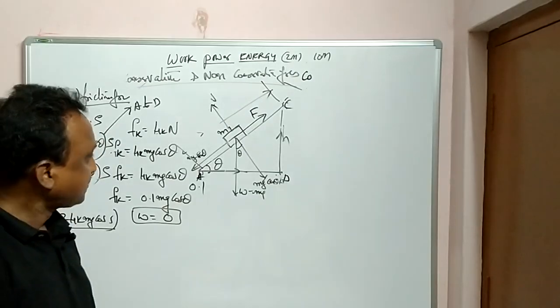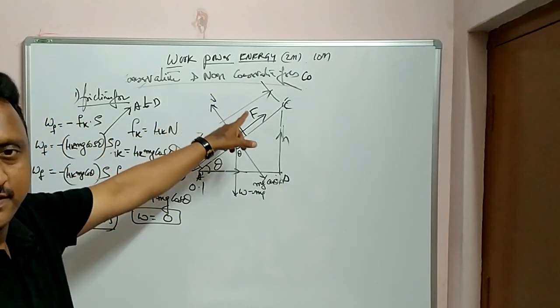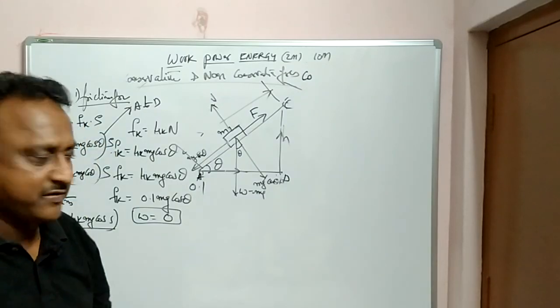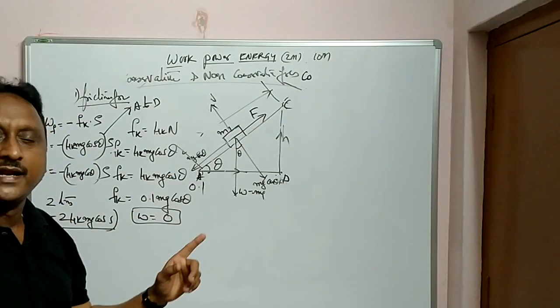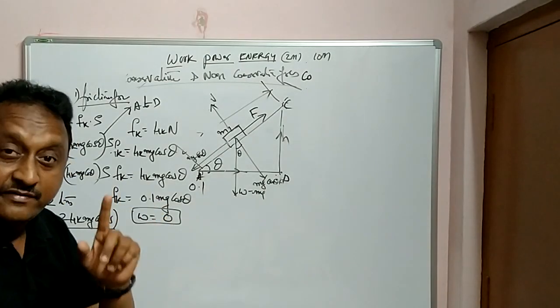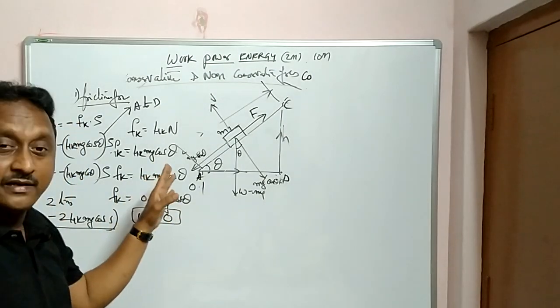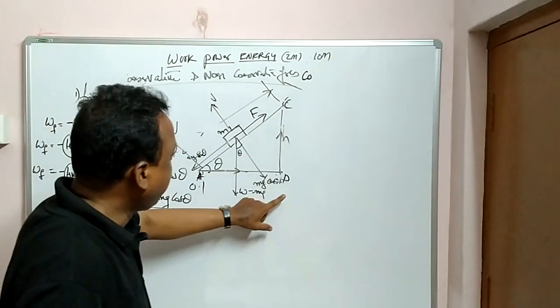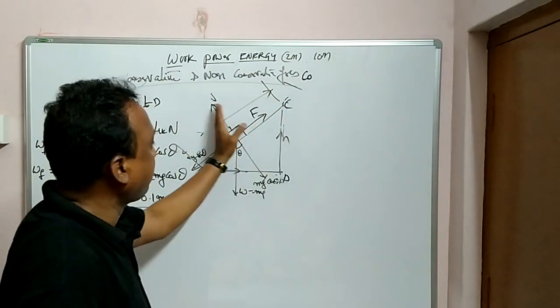Just now I spoke about non-conservative forces, and I think I made a small mistake just before. In conservative forces, the work done depends upon the initial and final point, not upon the path.